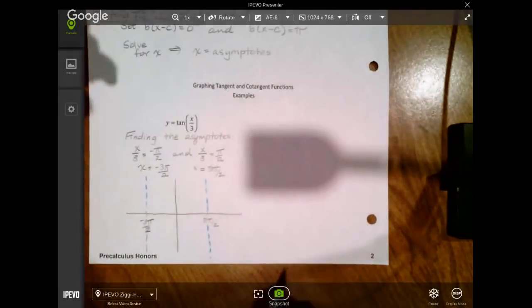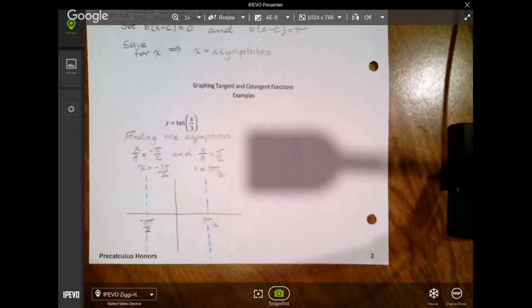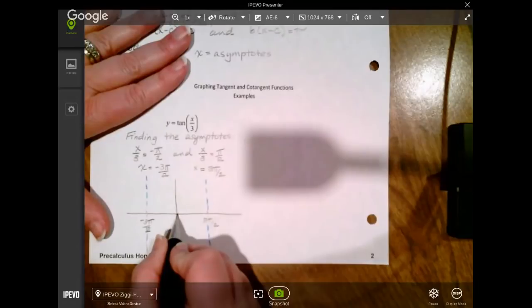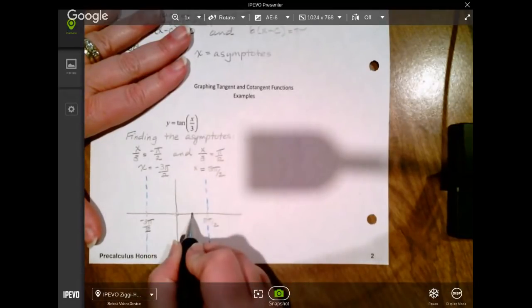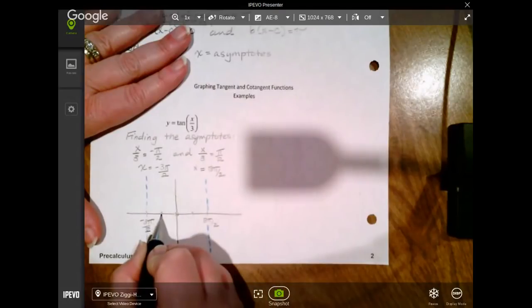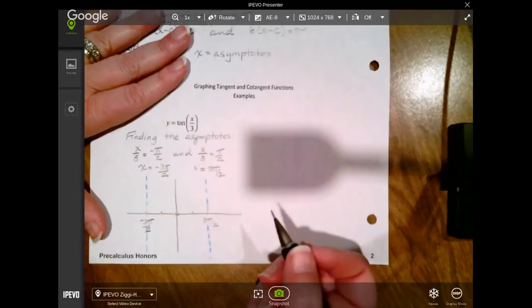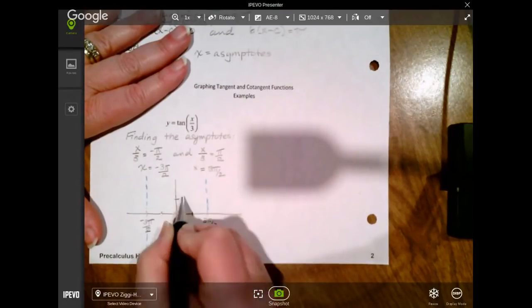All right, and now I know since tangent is so symmetrical that in the middle between my two asymptotes will be the midpoint, or in this case, since I have no vertical shift here, it'll be at the origin. And halfway between these two points will be where the tangent is equal to 1. So I'm going to put a 1 here and a negative 1 here.